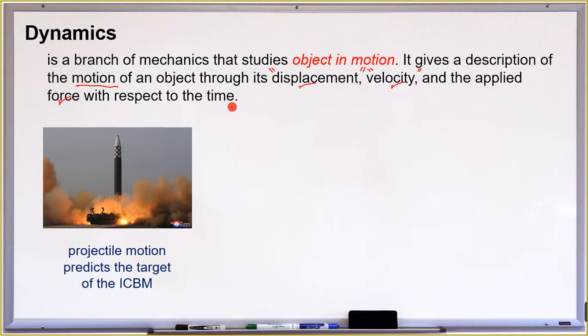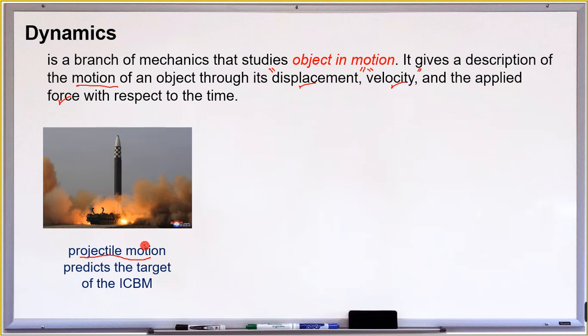So the science behind this, in order for them to predict the target of this kind of weapon, is the fundamental principle of projectile motion, because most of our weapons, like missiles or even big guns, do not travel in a straight line. They curve due to the influence of gravity. Now, to track its motion, we need this principle. And this projectile motion is under dynamics.